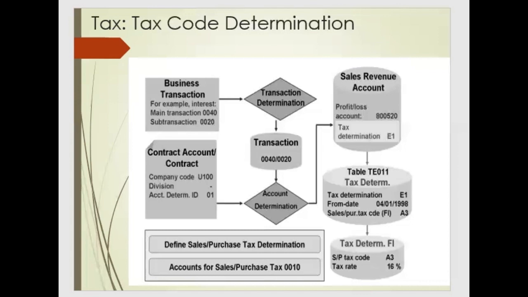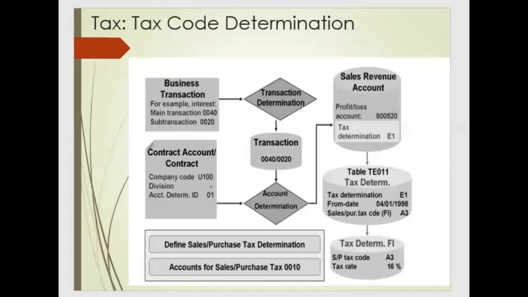Now, when the incoming payment comes, we need to divide the base amount and the tax amount to put them into separate ledgers. In that way, we can understand how much incoming is coming, how much base amount is coming, and how much tax we need to pay.